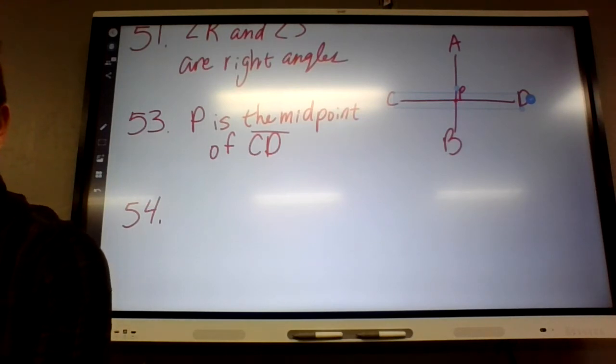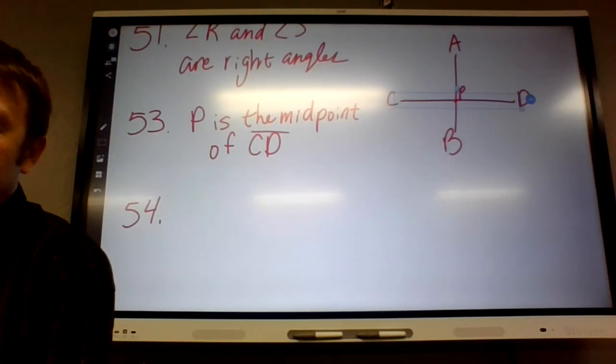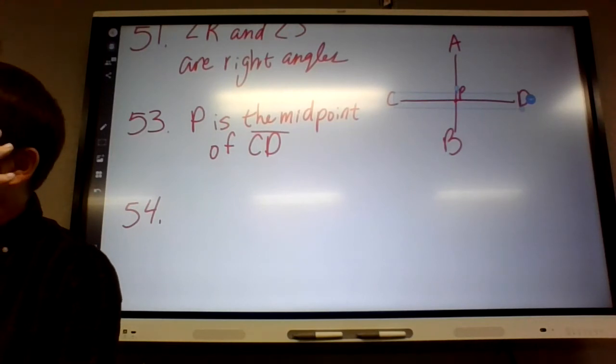Vertical angles, good. Technically that is a theorem, not a definition. The definition is that 1 and 4 are vertical angles, but not that they are congruent. But if you just put vertical angles, that's fine.